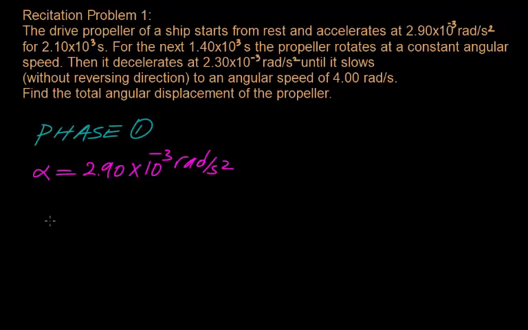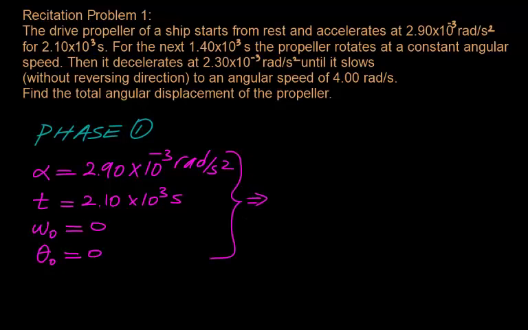The other information that we have is the time is 2.10 × 10^3 seconds. Since the propeller starts from rest, that means that the initial omega is going to be 0. Let's use the initial angular displacement for all phases to be theta 0 equals 0 for simplicity.